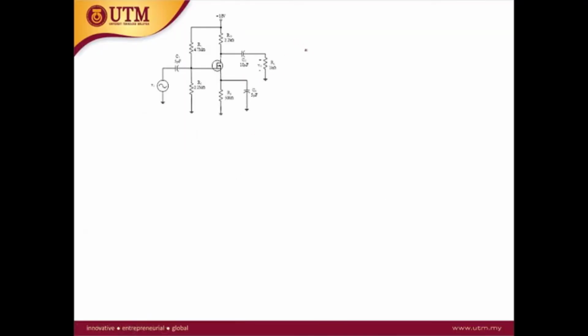We start from the voltage source here, and then we have the coupling capacitor, short circuit. R1 and R2, R1 is connected to the ground as well as R2. So at this point, I can also rewrite this as R1 parallel with R2.